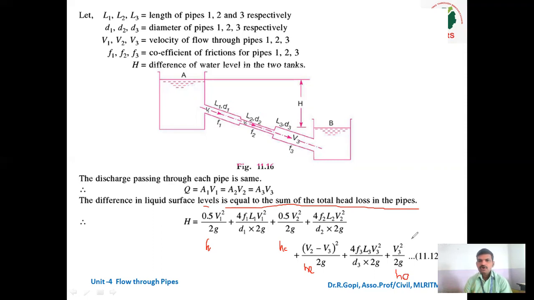So there are 4 minor losses and 3 major losses. Major losses occur only due to friction. So this is the formula.